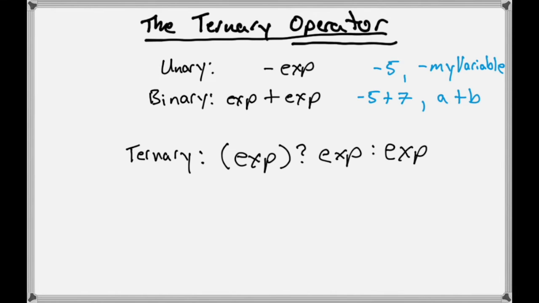Now, the way that this works is that the second and third expressions, or the second and third operands, are expressions which we want to selectively evaluate, one or the other, but not both. The way that we choose is by providing the first operand, which must be a Boolean expression that evaluates to true or false.